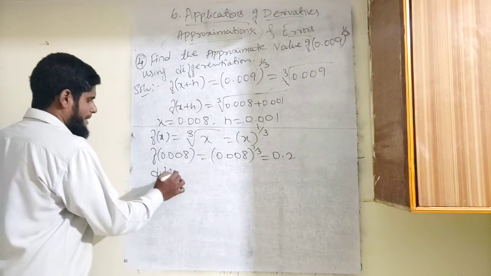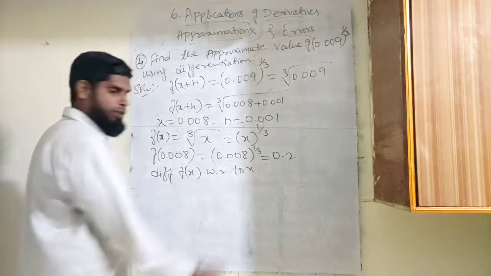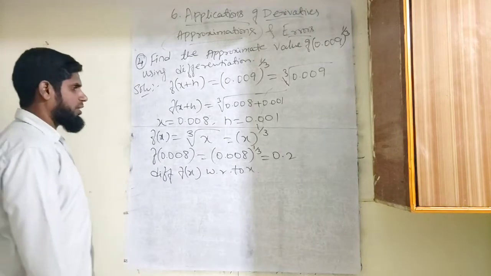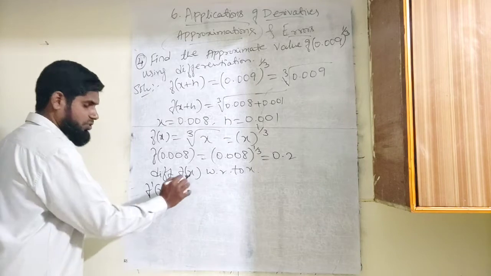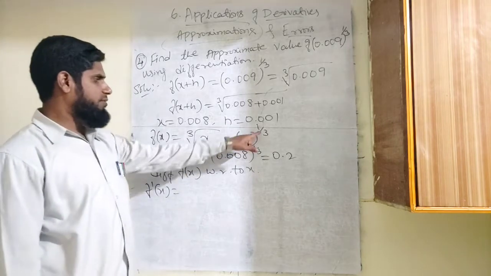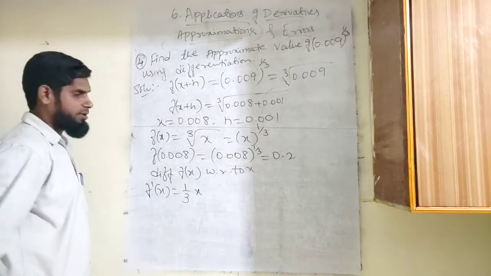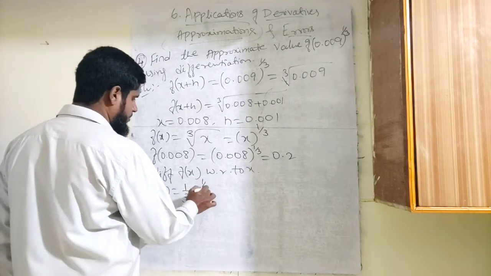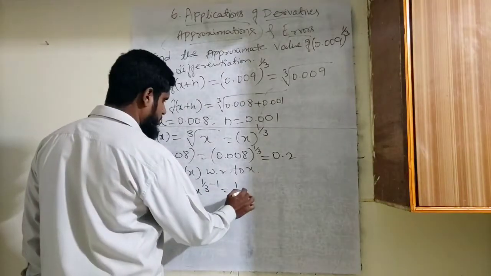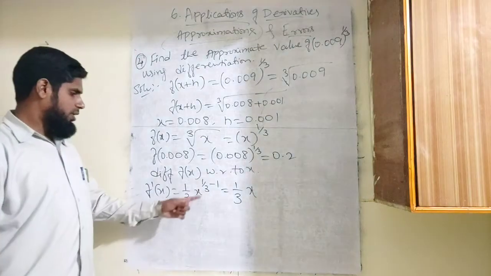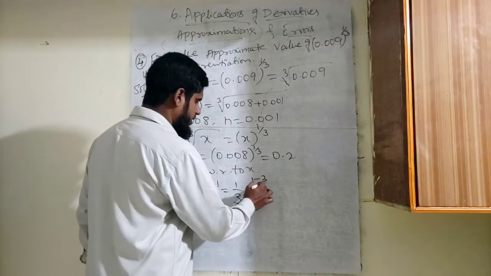Differentiate f of x with respect to x. So the derivative of cube root of x: f dash of x is equal to, again, x power n derivative. So it says 1 by 3 into x power 1 by 3 minus 1. So finally this becomes 1 by 3 into x power, LCM is 3 in the power, so we get 1 minus 3 divided by 3.